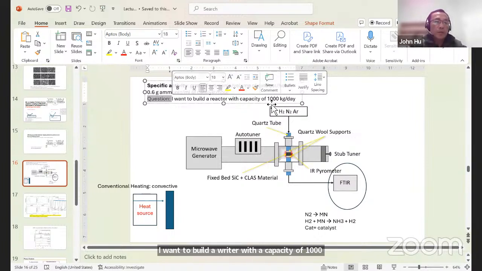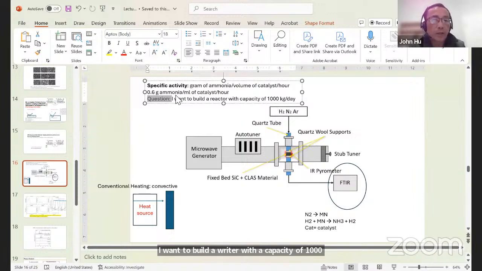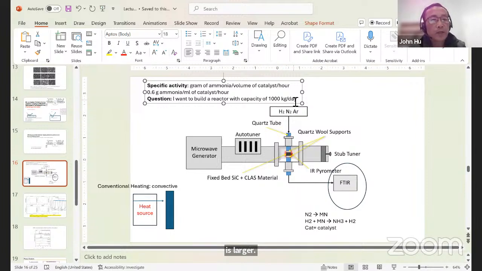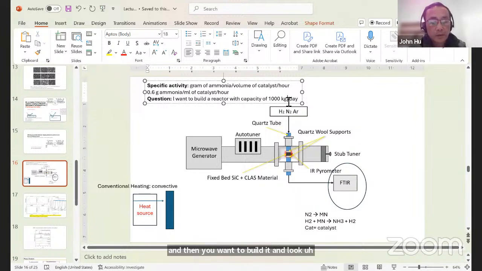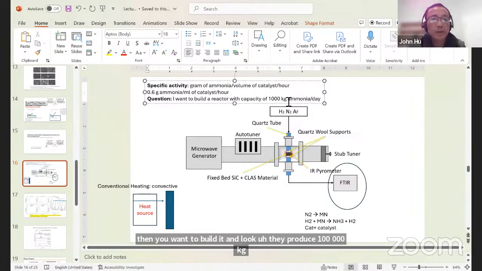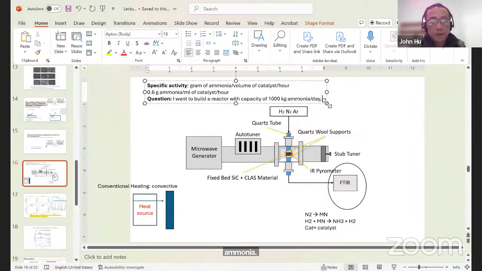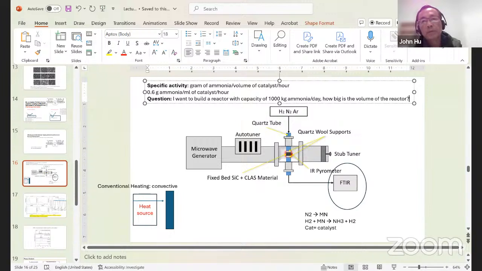So that means it's a large reactor, and you want to build it, and then it produces 1,000 kg ammonia per day. So how big is the volume of the reactor? You follow me?